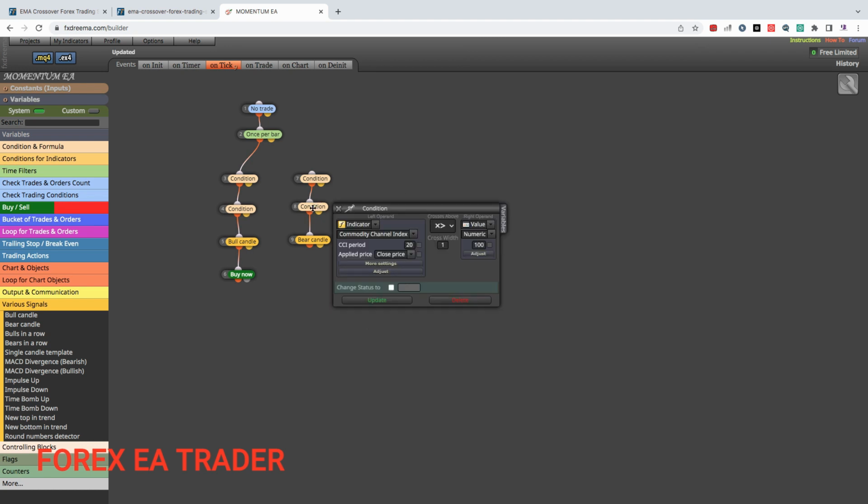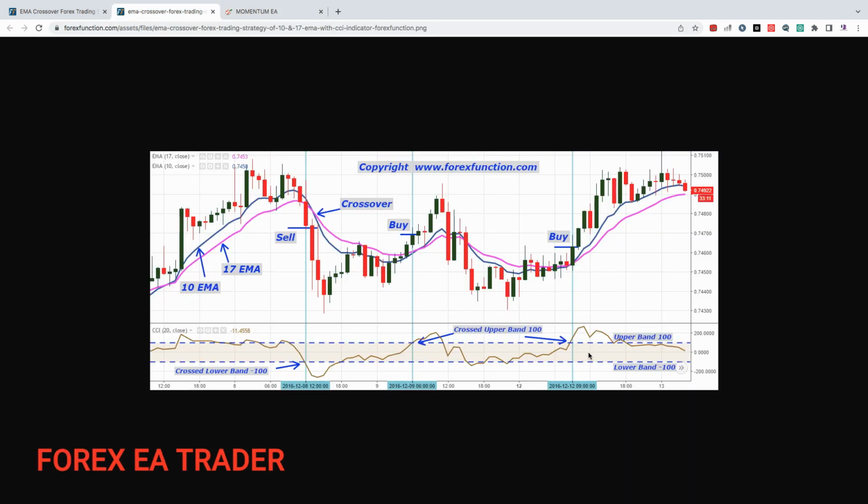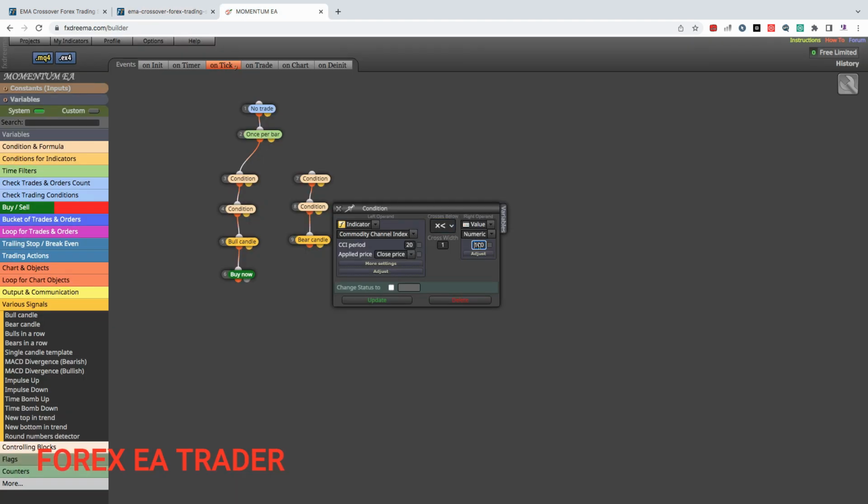Update condition here. Now we want this to cross below, let's see, what do they call it here, minus 100. Can we get a minus 100? Yes, minus 100.